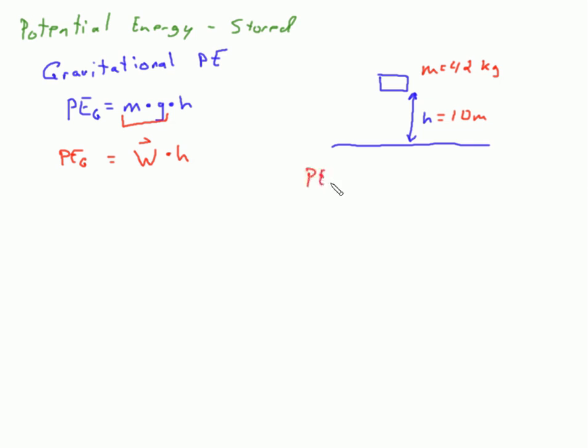So my gravitational potential energy: I have mass and I have the height. So I'm going to want to use this equation right here since I'm given the mass. So I've got 42 kilograms times the acceleration due to gravity, 9.8 meters per second squared, all that times the height, 10 meters.